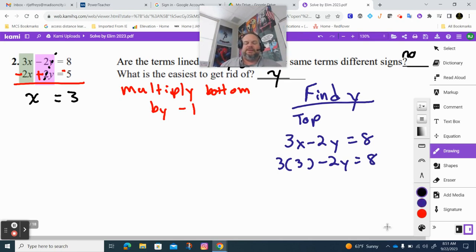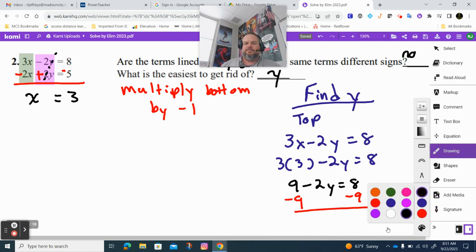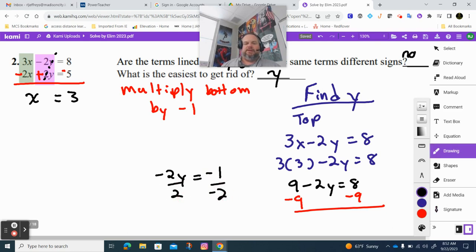So now I have, let's see, 3 times 3 is 9, minus 2y equals 8. Minus 9. Yep. So negative 2y equals -1, divided by -2. So we get y equals 1/2.